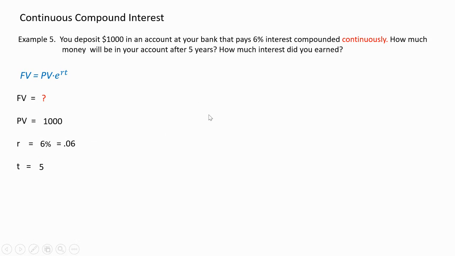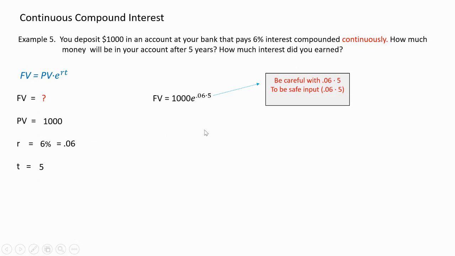Let's see what it means by continuously. Okay, so let's put in the formula, right? So we put it in just the way it is. And in this case, be real careful, because it depends on the type of calculator that you're using. It's always wise to put it in parentheses. When you put the E function, and it gives you a little square, like the exponent, you need parentheses.